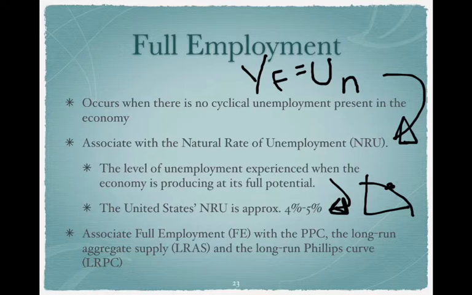What we're going to end up doing is linking full employment, and right there you'll see I've actually got that written as FE. I wanted to point that out. The reason I've got FE right there, and then up here at the top I've got YF, is we're going to see this many different ways.